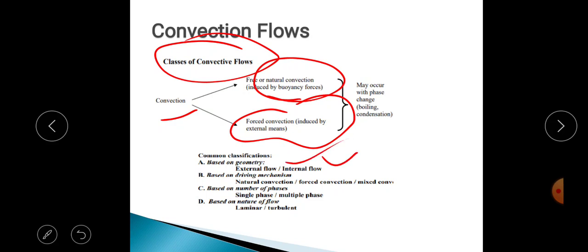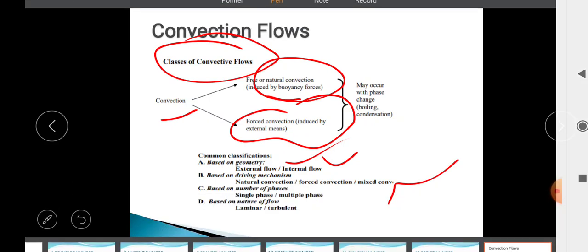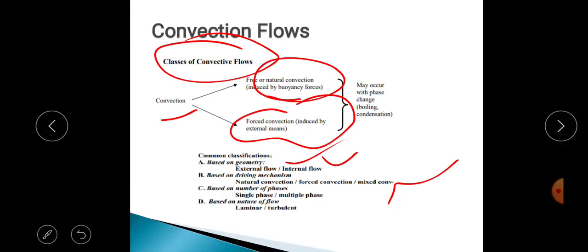Based on driving mechanism, we have natural convection, forced convection, and sometimes mixed convection. Based on number of phases, we have single phase and multi-phase. And based on types of flow, we have laminar and turbulent.